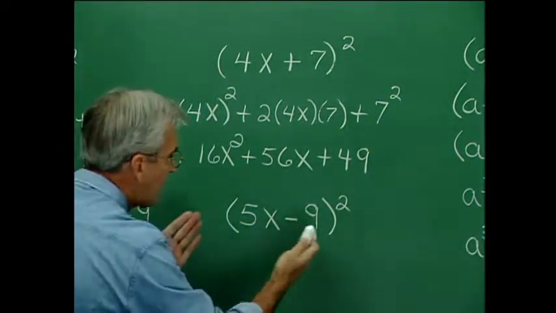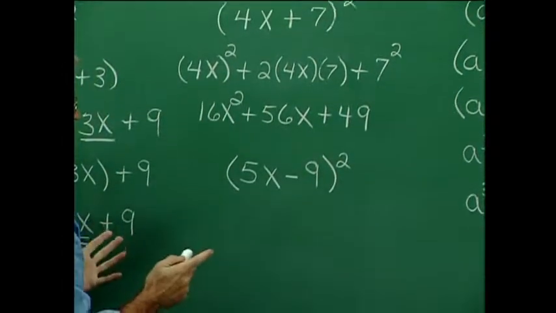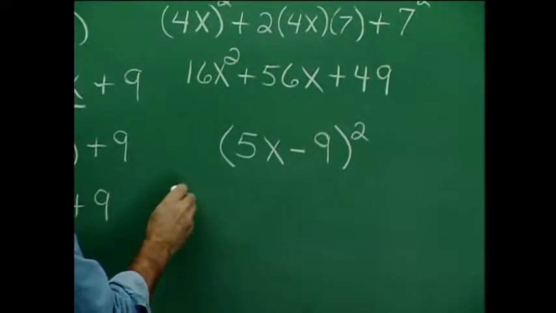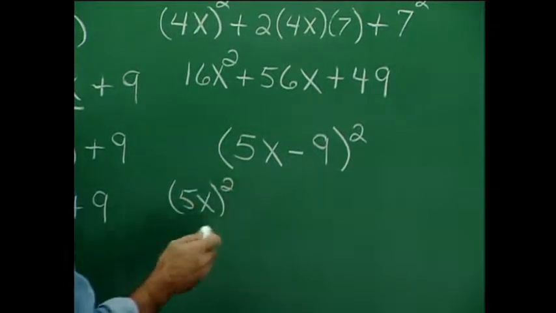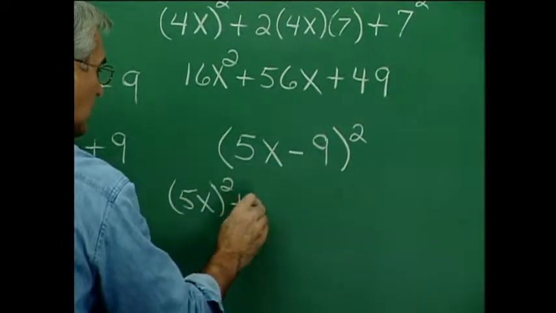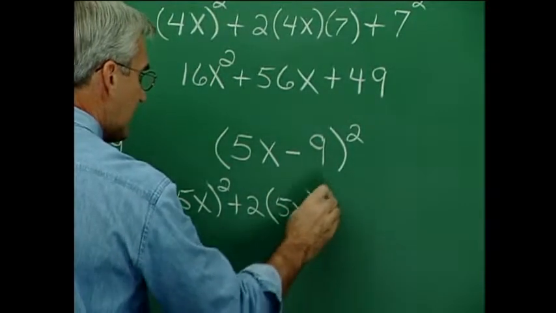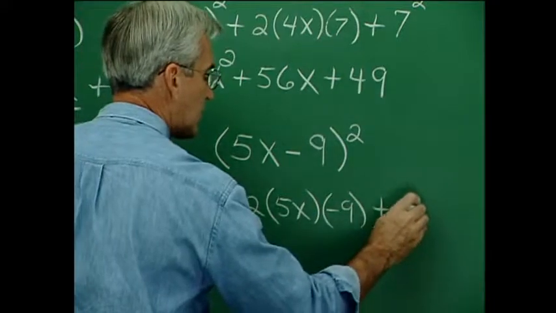And when we have the difference of two terms, all squared, it's the same idea. Let's see, we're squaring, so the first term of our answer is going to be this first term, all squared. The middle term is going to be just double the product of these two, so it's double 5x times negative 9. And then the last term is the last term squared.